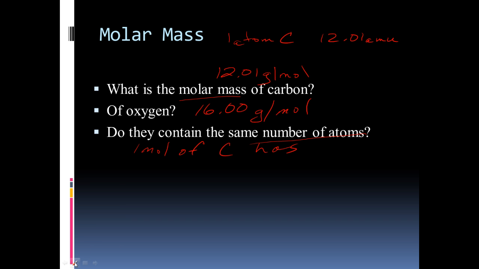The difference between these is your carbon has 6 protons and 6 neutrons and 6 electrons, which causes it to weigh less than oxygen, which is element number 8, and it has 8 protons and 8 neutrons and 8 electrons. So that's why the oxygen has a greater molar mass, even though they both contain 6.02 times 10 to the 23rd atoms. They have to. That's how a mole is defined.